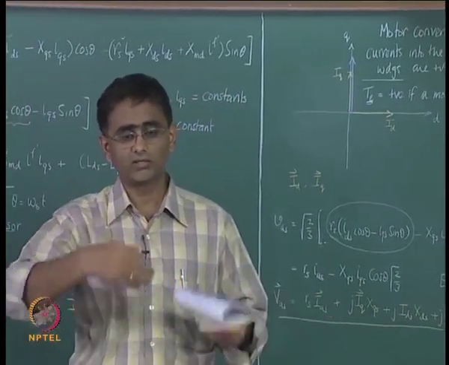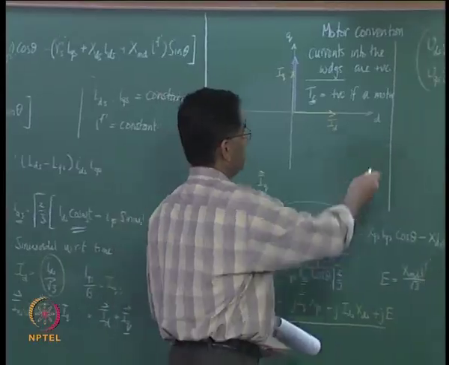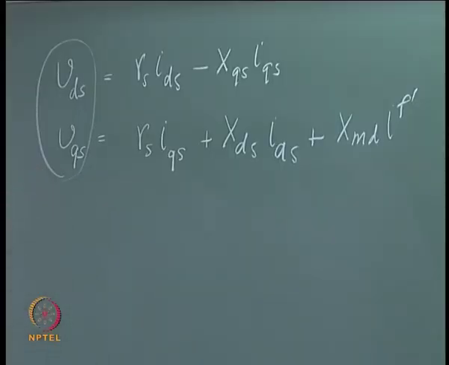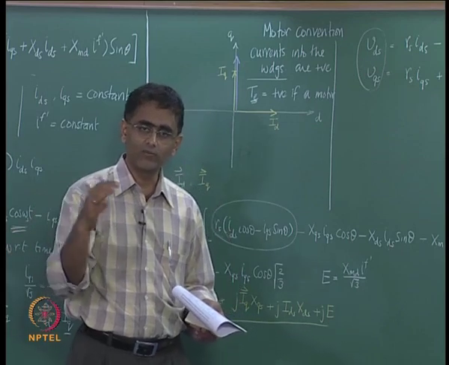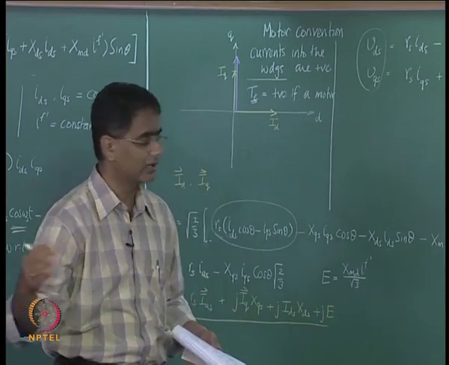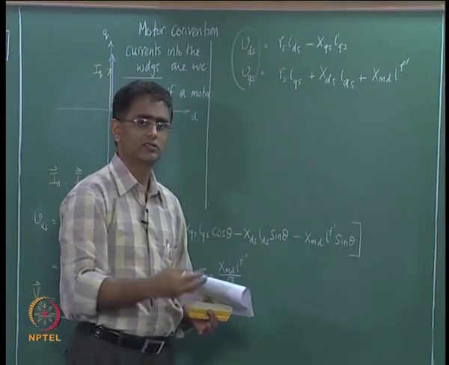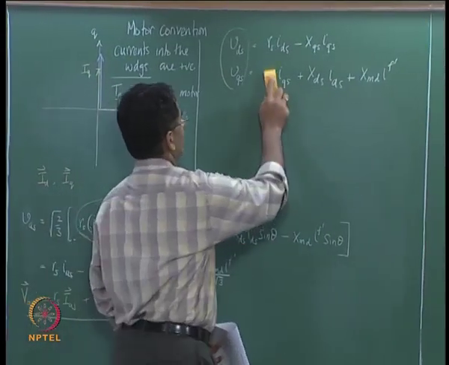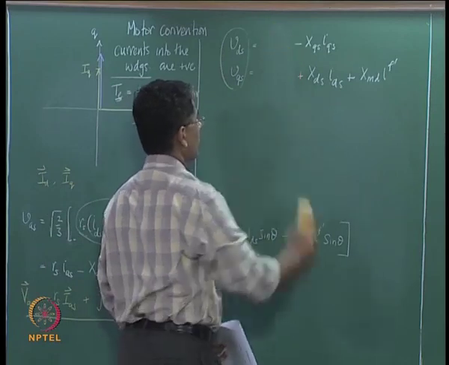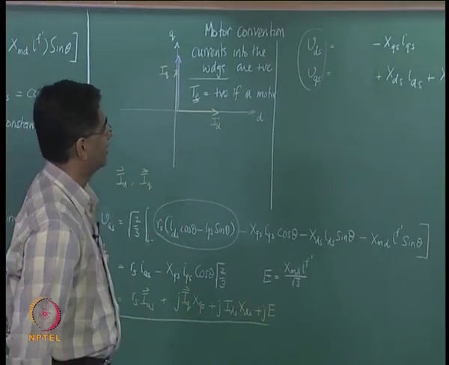Being an infinite grid, the supply voltage is always fixed, and frequency is always fixed, and therefore VDS and VQS would really be a representation of the stator phase voltage that is applied, and since it is applied from the grid, the supply voltage remains fixed, it does not change since we are looking at an infinite grid. And because the resistance drop is small, normally one can neglect the resistance drop.